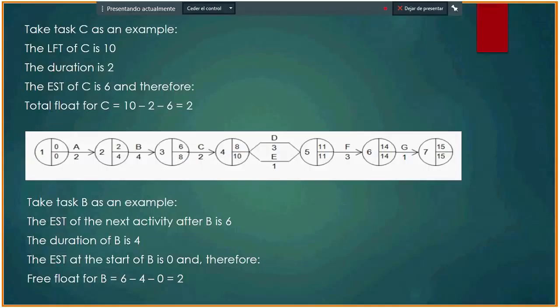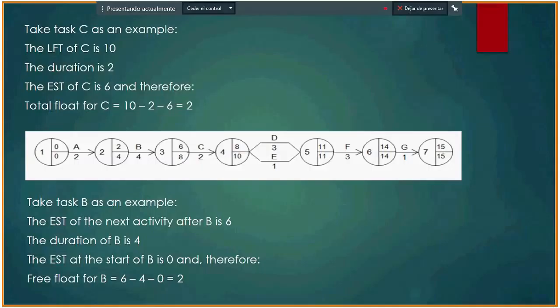Okay, in this slide I explained with an example for understanding. Take task C as an example. The latest finish time of C is 10.